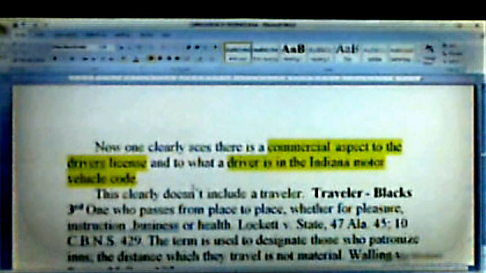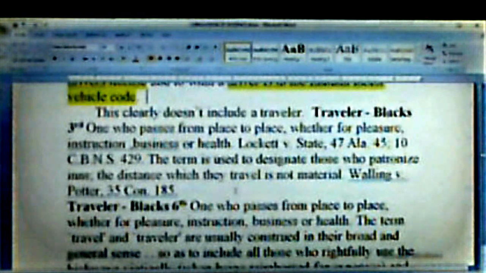It says no one. Now, all of us can clearly see that there's a commercial aspect to the driver's license and to what a driver is, right, in the Indiana Motor Vehicle Code. And it's that way for every state. If you go through and read your stuff, you'll know, right?